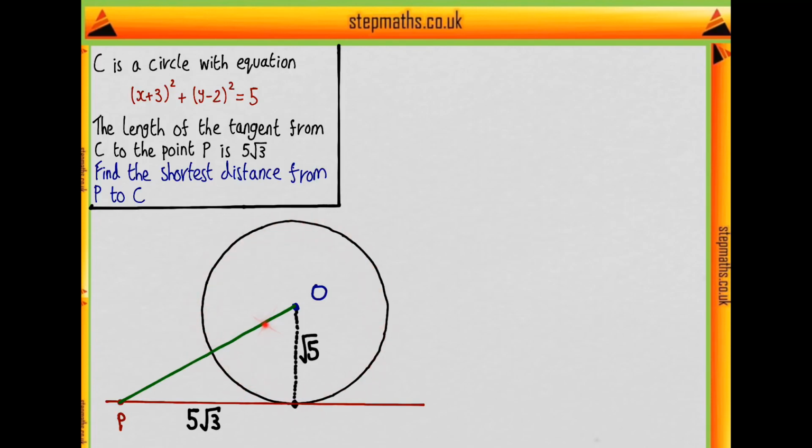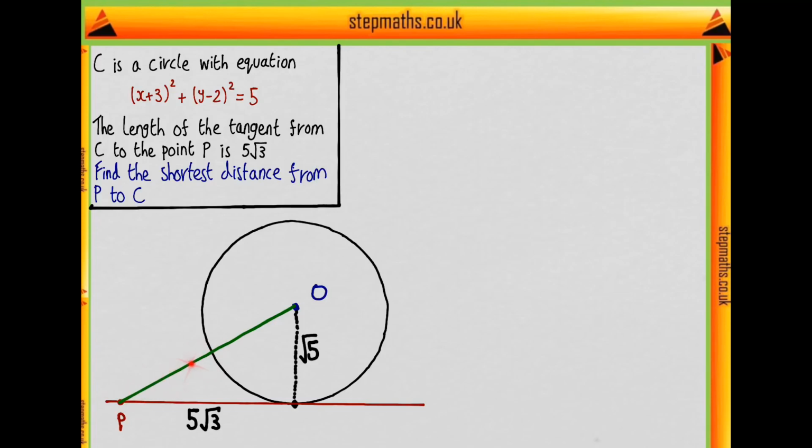So if we extend that normal line, it must pass through the centre, because any normal to the circle passes straight through the centre. And so our shortest distance must be here to here, where this line passes through the centre of the circle.